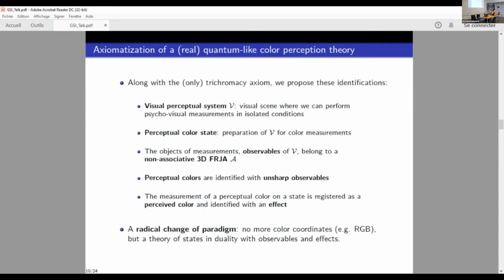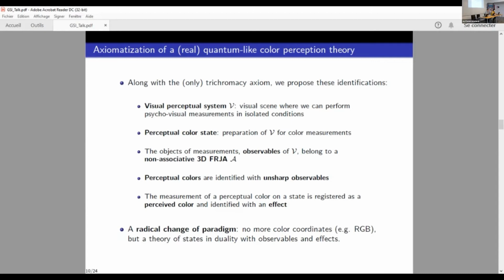The objects of measurement are the observables of V, and they belong to a non-associative three-dimensional formally real Jordan algebra A. Perceptual colors are identified with unsharp observables using the language of quantum mechanics, and the measurement of a perceptual color on a state is registered as a perceived color.